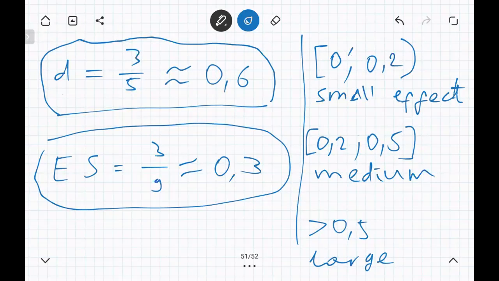Maybe a new policy will make you earn, let's say, not $1,000 a month, but $1,000 and 2 cents. That increase of 2 cents might be statistically significant, but it's nothing for you because it's not a true change. And that's where effect size comes into play.